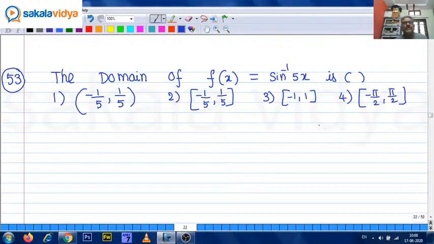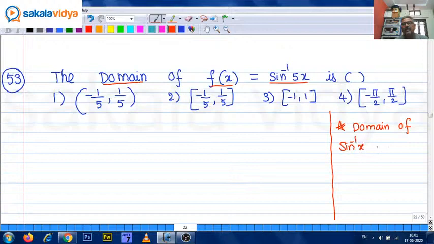So before discussing this problem, domain of f of x equals sine inverse of 5x. First, the domain of sine inverse x is closed minus 1 comma 1.